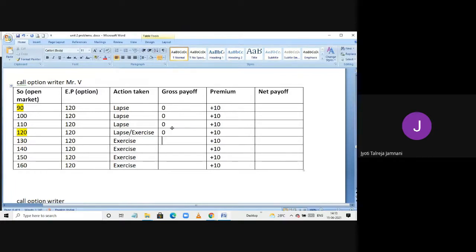Now here, Mr. A was gaining when we did S0 minus E. But here, Mr. V will lose 120 minus 130. E minus S0 we have to do opposite. So minus 10 is his loss, minus 20, minus 30, and minus 40. This is what A was gaining. So we will lose. Both cannot gain.